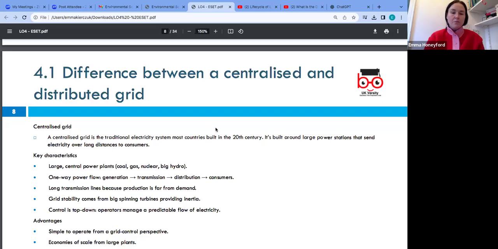There are long transmission lines, because production is far from demand, and this has often been seen as quite a problem. Grid stability comes from big spinning turbines providing inertia. Control is top down. Operators manage a predictable flow of electricity.